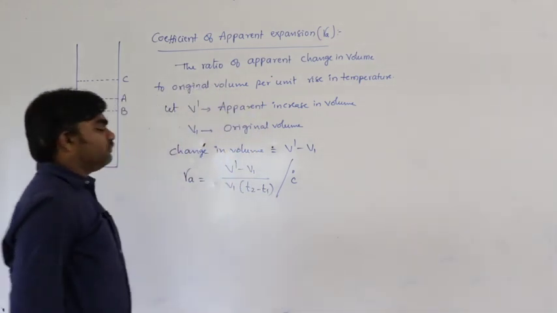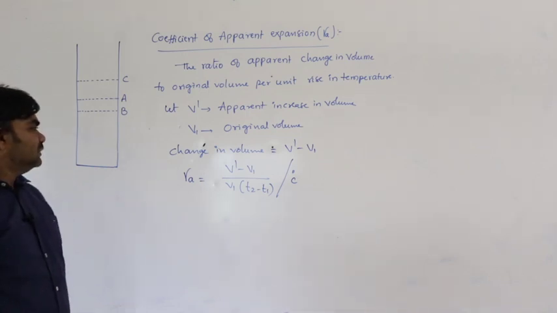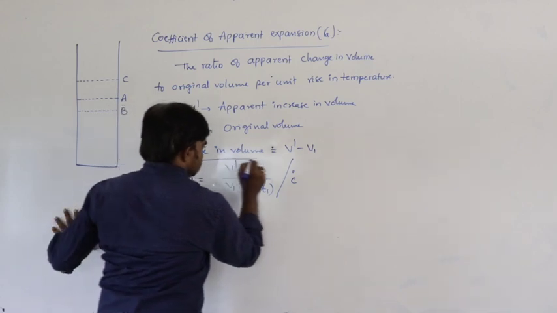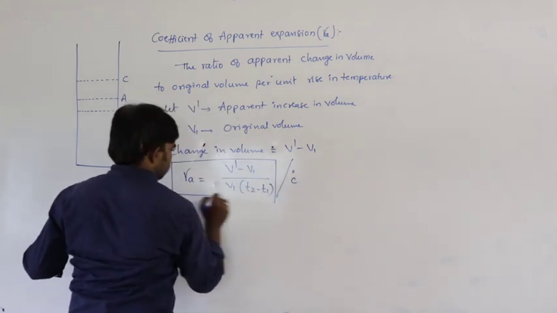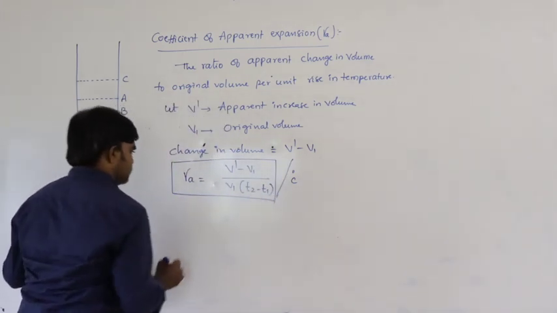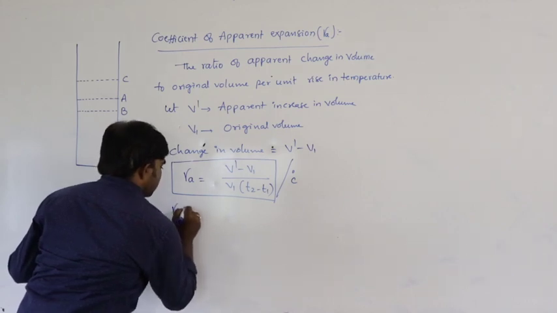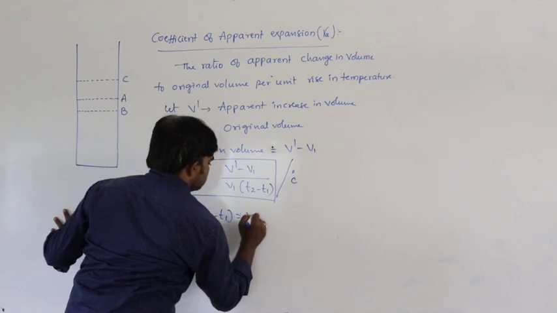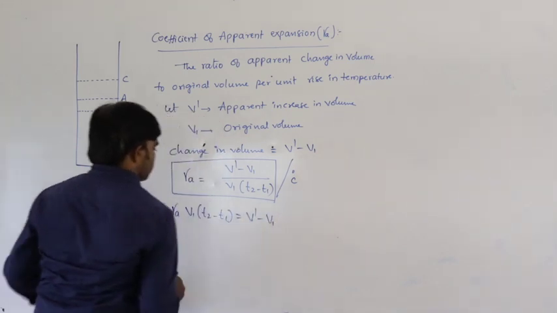Remember, this is the formula of the coefficient of apparent expansion. From this, gamma A into V1 into T2 minus T1 is equal to V dash minus V1.